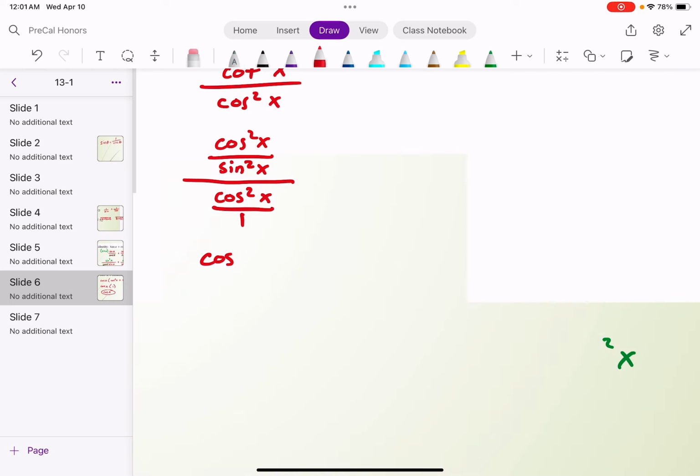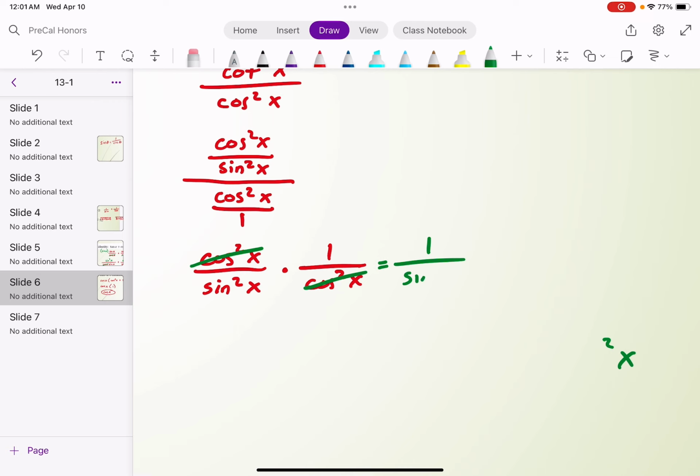So we have cosine squared x over sine squared x times 1 over cosine squared x. In this case, our cosines simplify out, and we're left with 1 over sine squared x.